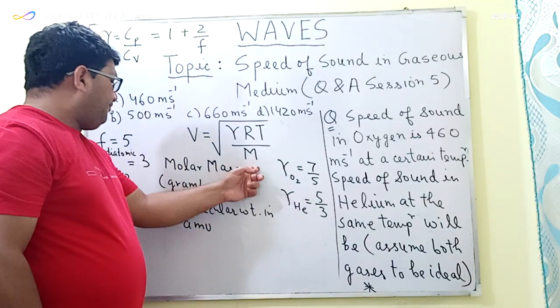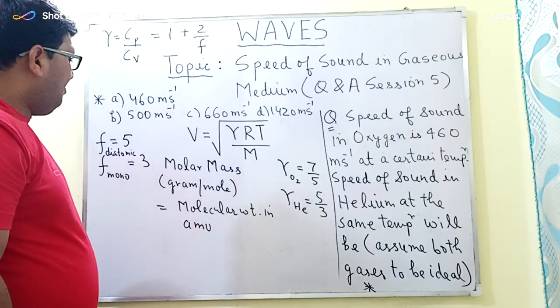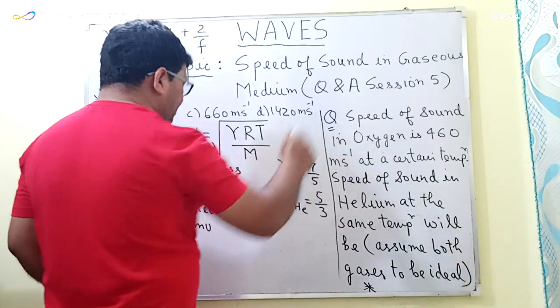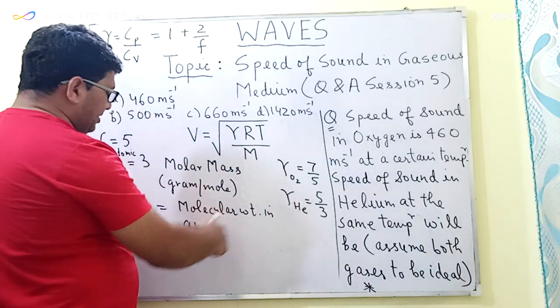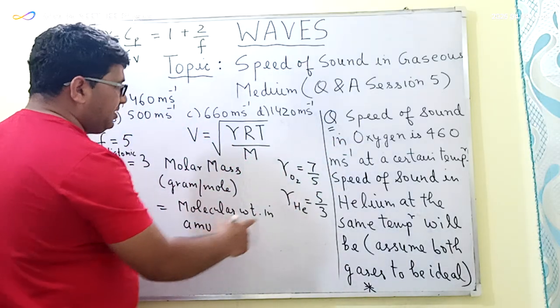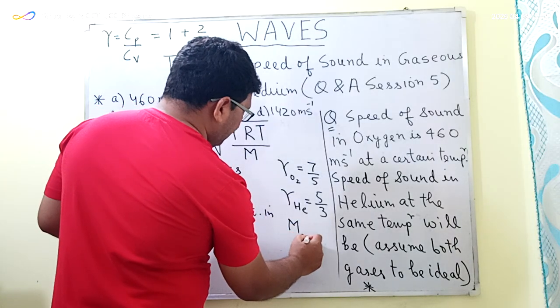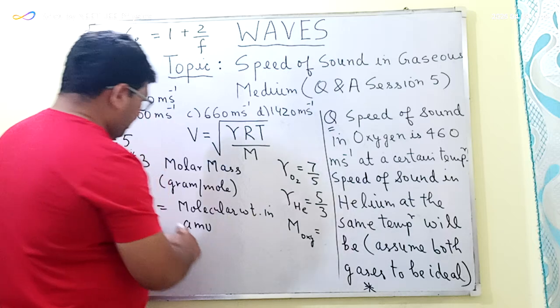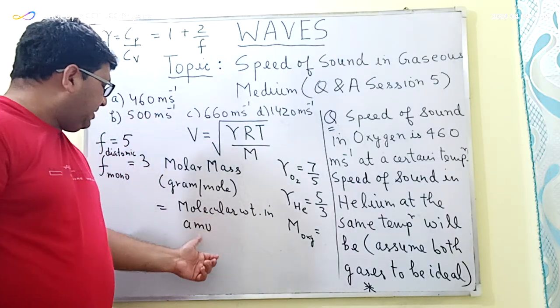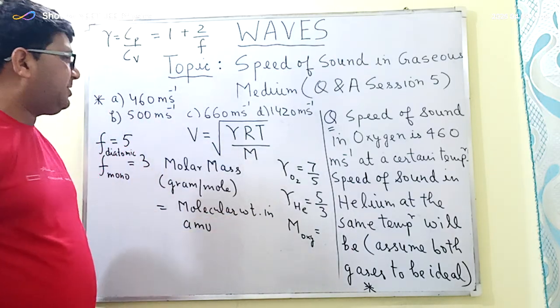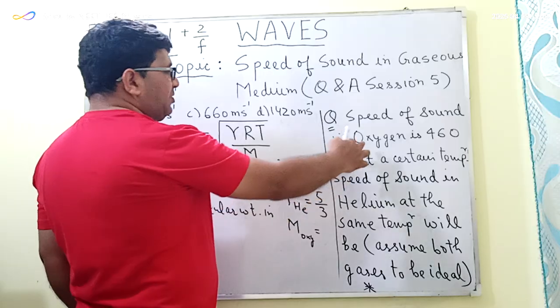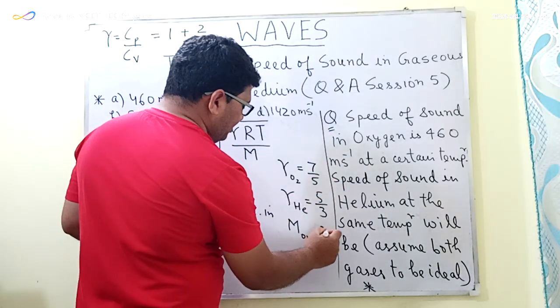So the molecular weight in atomic mass unit for oxygen is equal to 32.